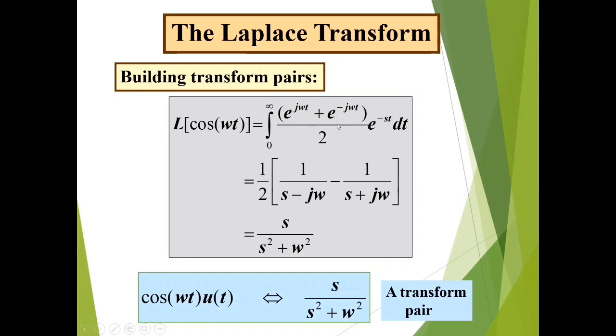Then we split into two integrals, and when we integrate them, we get these two terms: 1 by 2 is common outside, and 1 by s minus j omega minus 1 by s plus j omega. When we take the LCM, we get the final result as s by s square plus omega square. So this is again a transform pair.